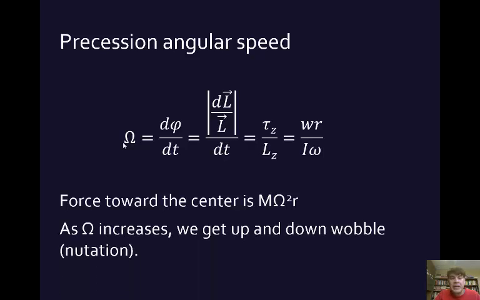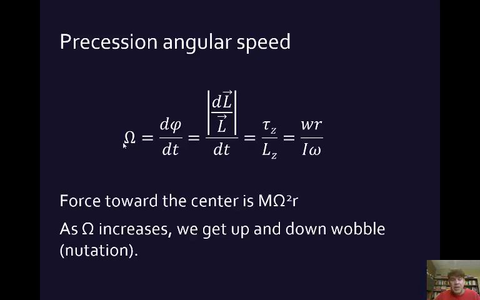Now, as omega increases, that is, the faster the precession, at some point we get wobble, which is called nutation. That's what torches the rocket in the movie The Martian. Nutation, the wobble, because of the spinning.